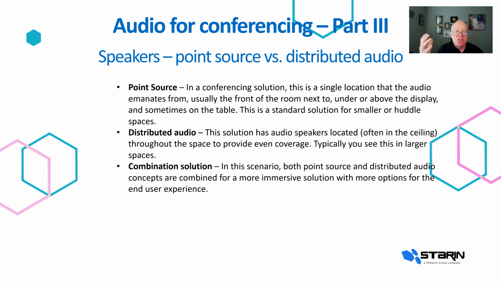Then there's the combination solution, which is really my favorite, that has point source audio and distributed audio as one system, and it's selectable or it's unified, and it also introduces a DSP algorithm called mix minus. That means the farther away you are from the microphone, the louder the audio is.